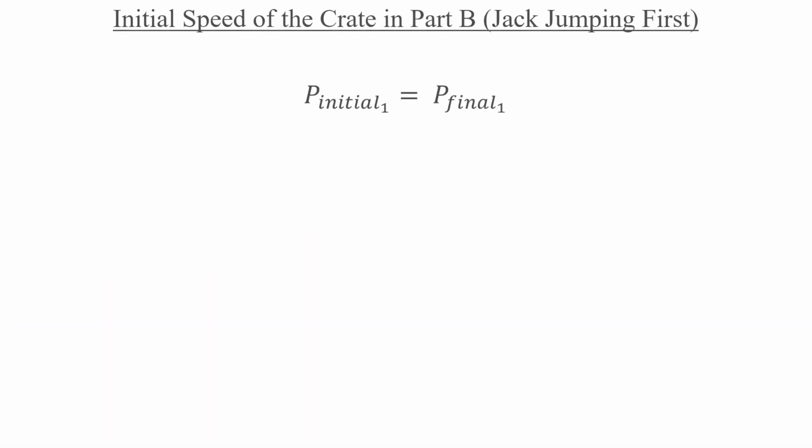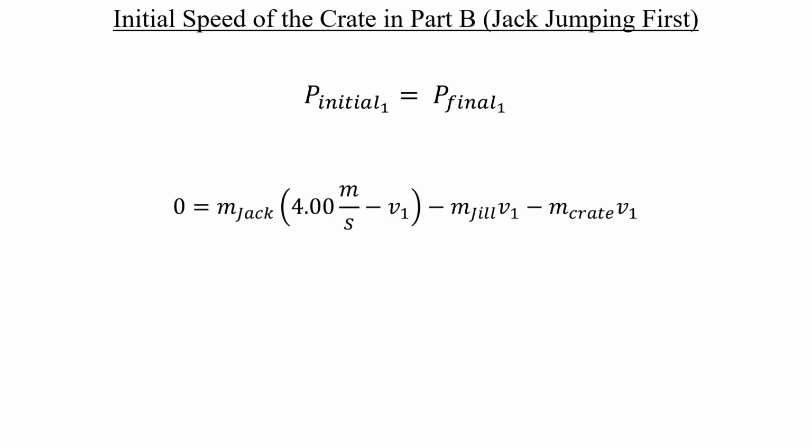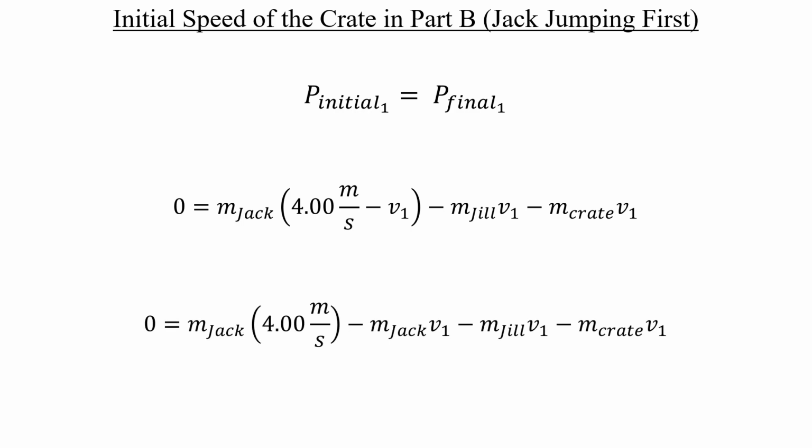In the start of stage 1, nobody is moving, so we'll still have 0 on the left-hand side. On the right, we'll have the positive momentum of Jack being summed with the negative momenta of Jill and the crate. Let's distribute Jack's mass, then we'll move all the terms containing v1 over to the other side.